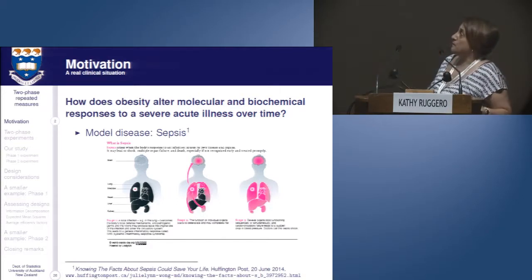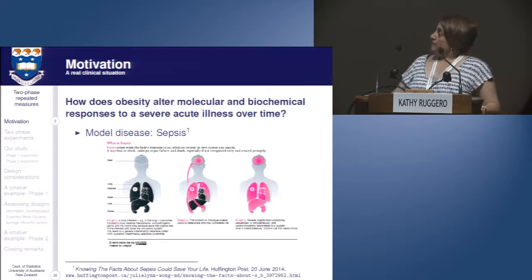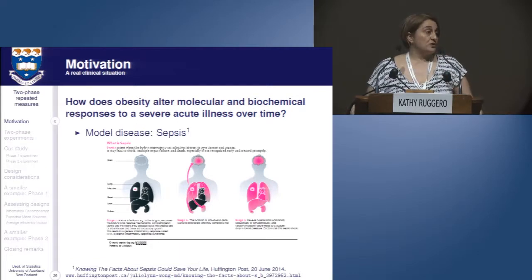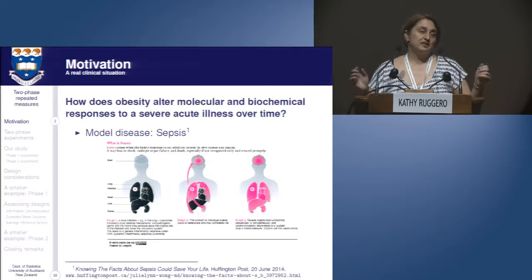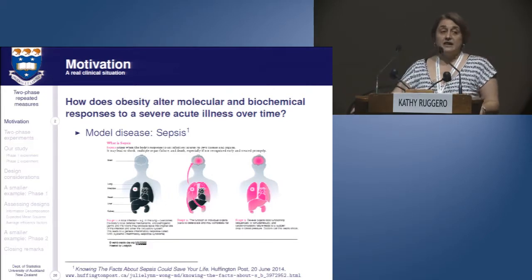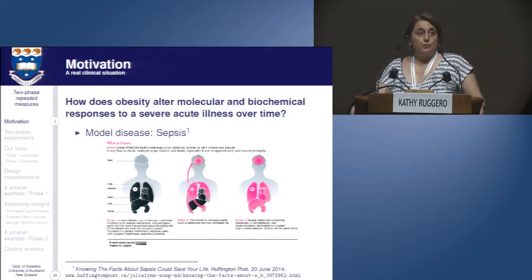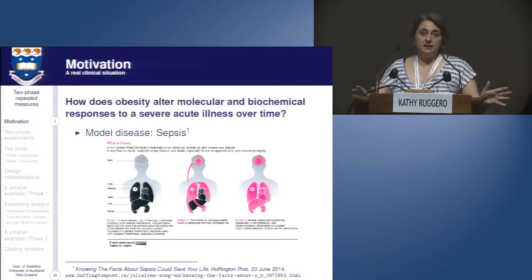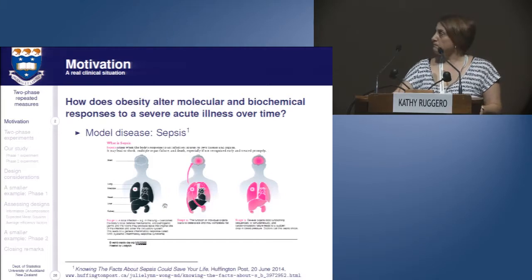That inflammatory response then affects other organs, causing them to function poorly or deteriorate and eventually fail. And in a small proportion of people who get sepsis, they ultimately die and nothing can be done about it. So it's something that's quite important to understand.